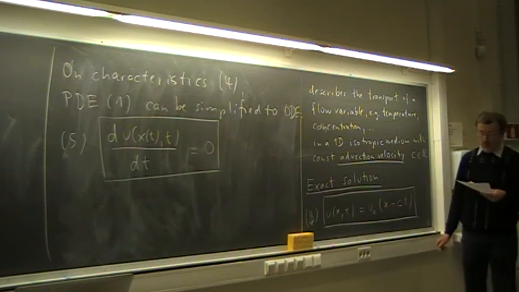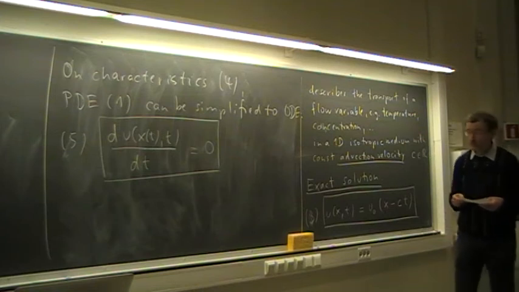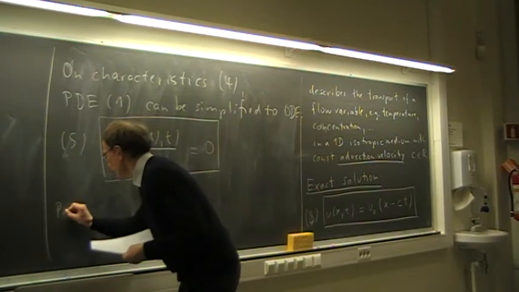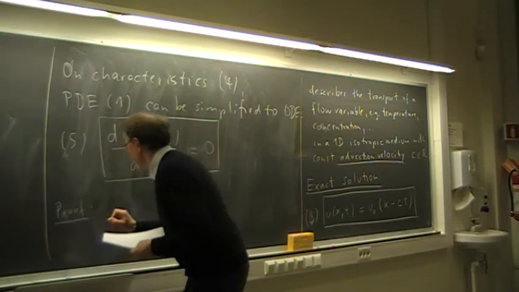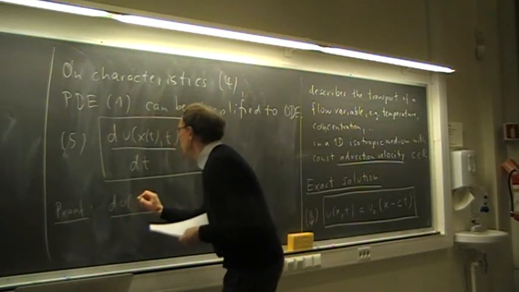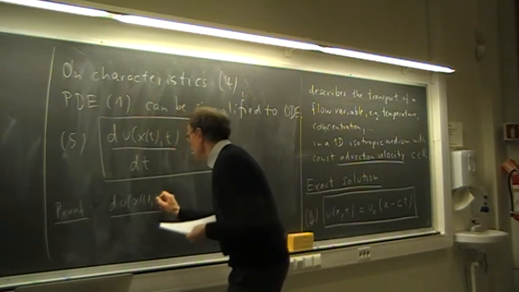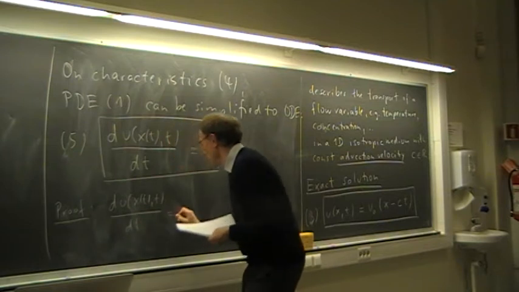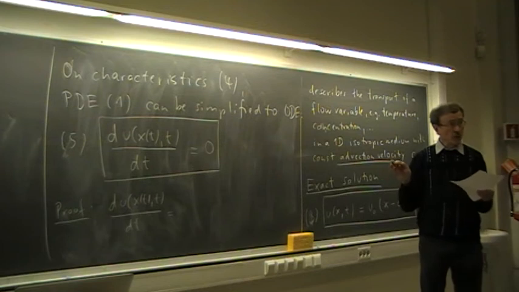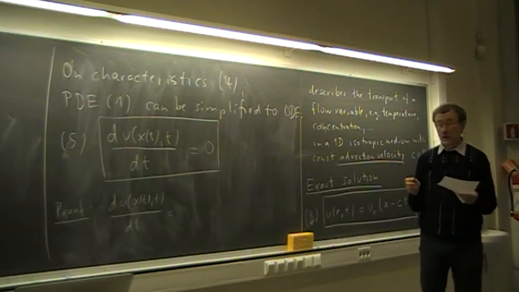So first let us see why we can do this. So we do a proof here. We have this du of x of t, t, dt. And we suppose that u is a solution of the linear advection equation.